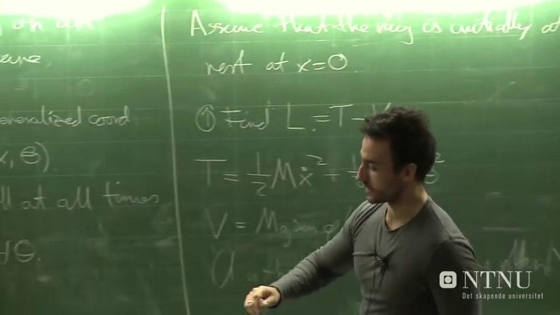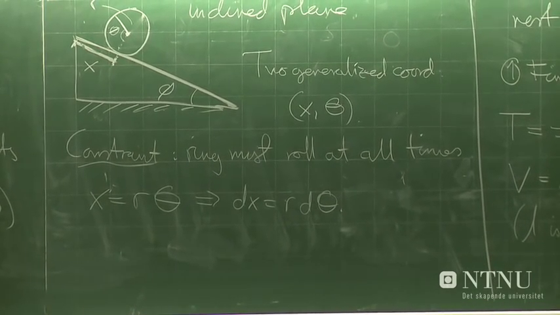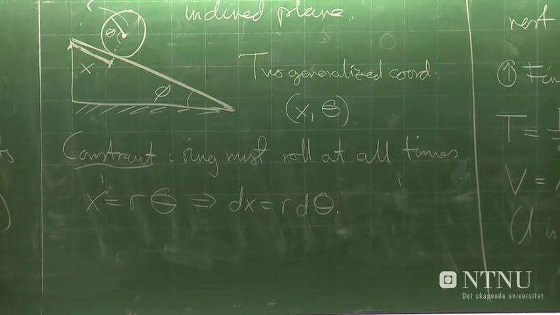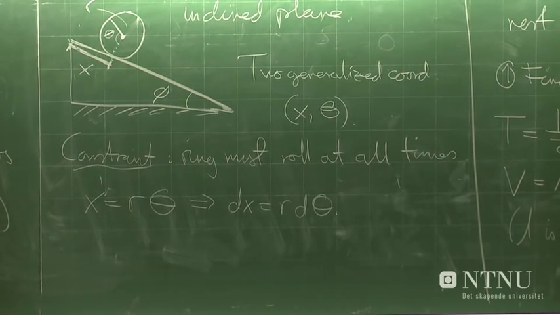Our constraint equation looks like this. And if you look closely, this is in fact exactly the same form as the non-holonomic constraint we considered just 10 minutes ago.